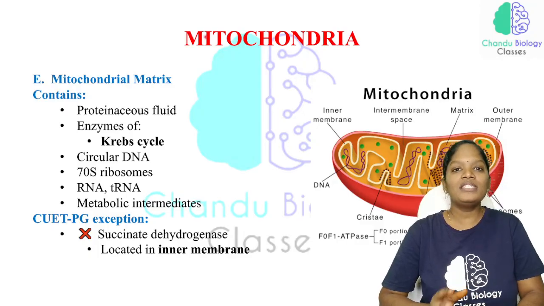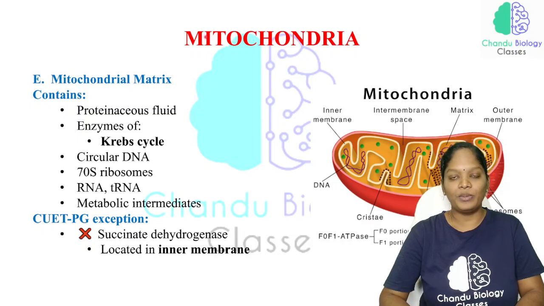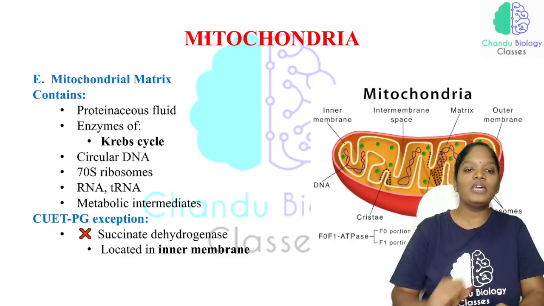Now what is the difference between the nuclear DNA and the mitochondrial DNA? Nuclear DNA is linear in structure, and in the case of mitochondria, it is circular in nature. This is very important.